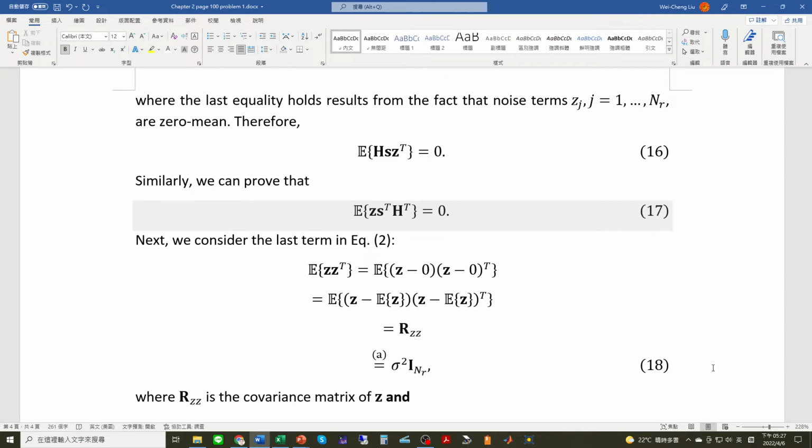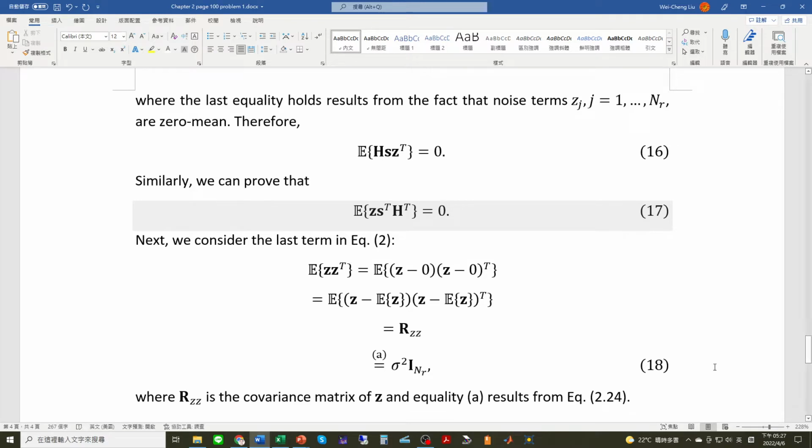and equality A results from equation 2.24.